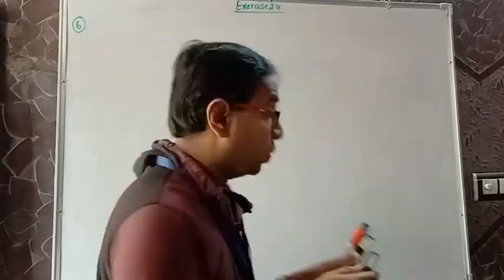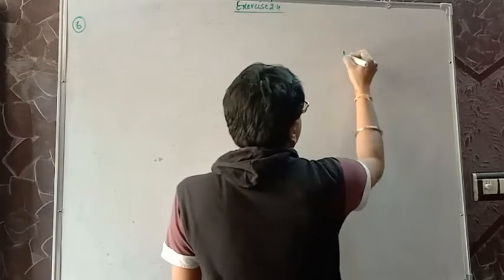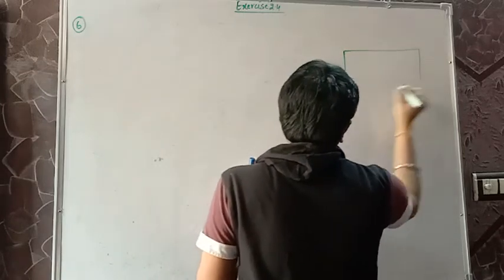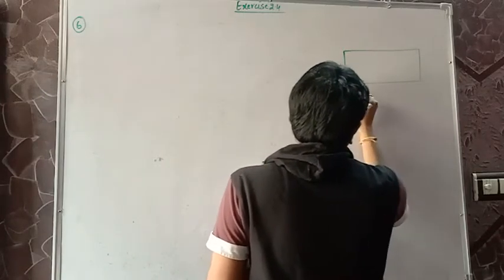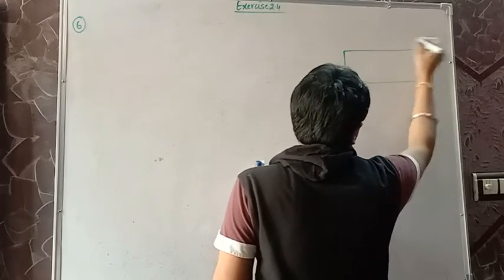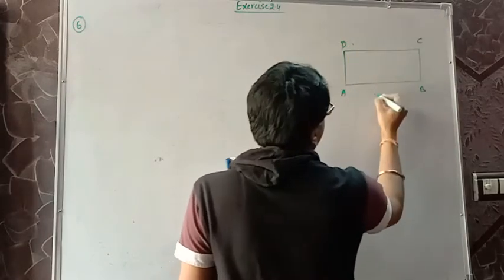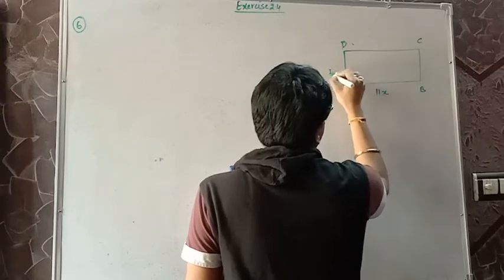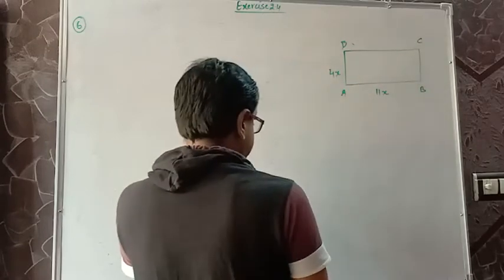Clear? So the question states here, we have a rectangular plot. Let this be a rectangular plot ABCD, where it is given that 11x is the length and 4x is the breadth.